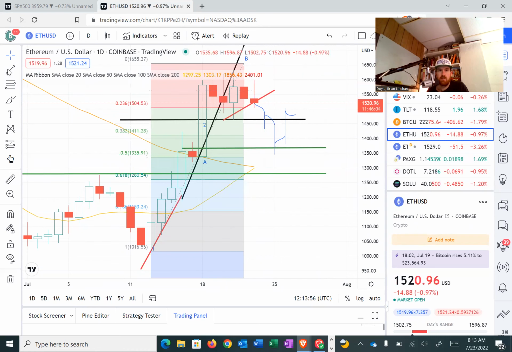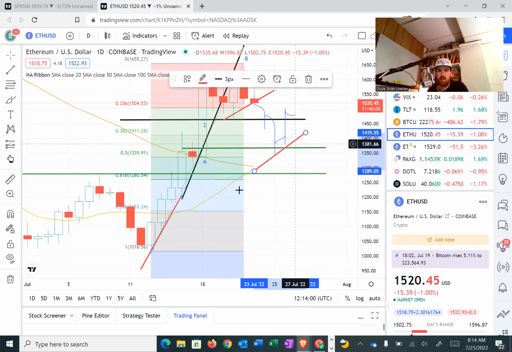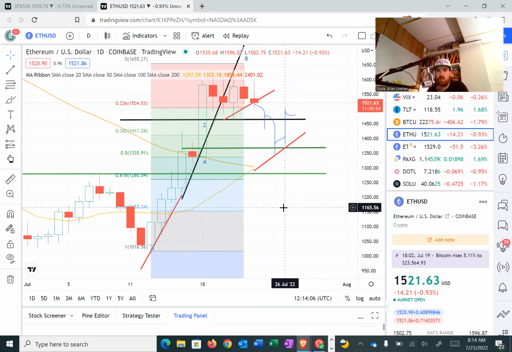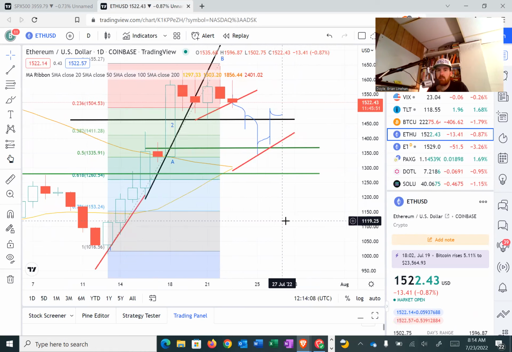And again, if these trend lines stick to their trend, that actually kind of becomes that support right there. So I'm not going to try to get the lowest low. I believe in Ethereum, and I'm willing to hold down $100 or something if I have to.